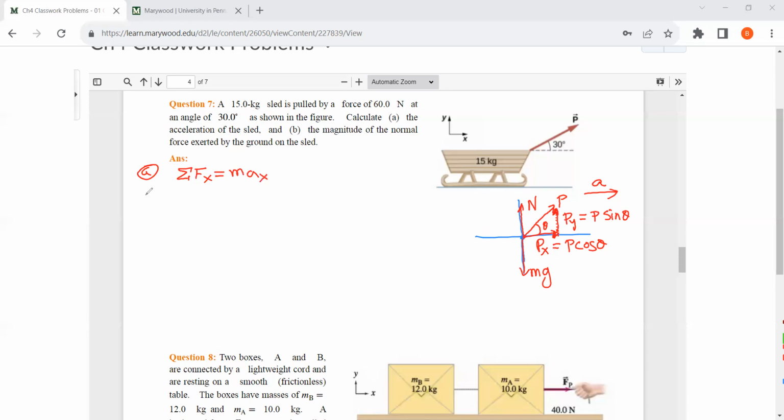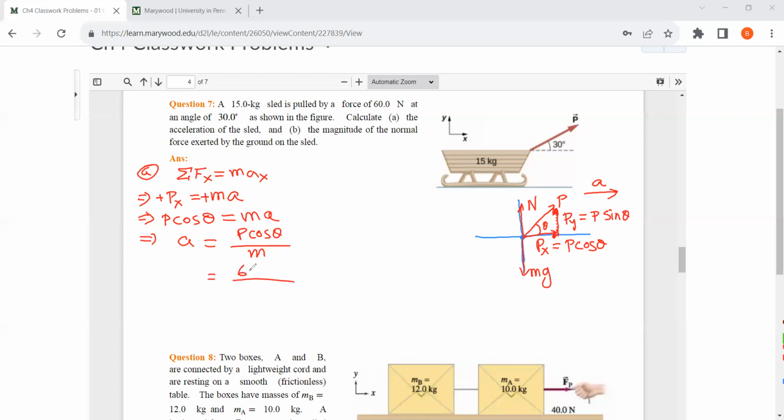Now what forces are acting in the x direction? We have only Px. There are no other forces along the x direction. So Px equal to ma, and this is positive. Or Px is equal to P cosine theta equal to ma. So a will be P cosine theta divided by m.